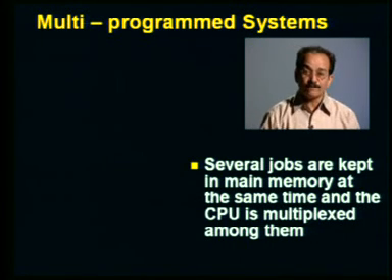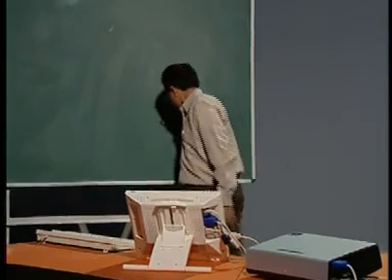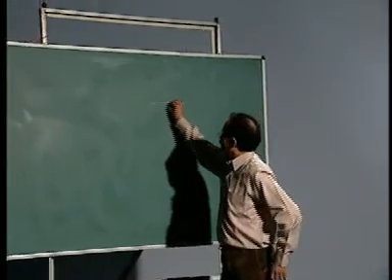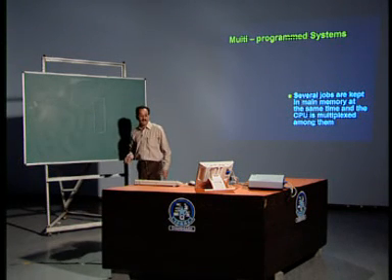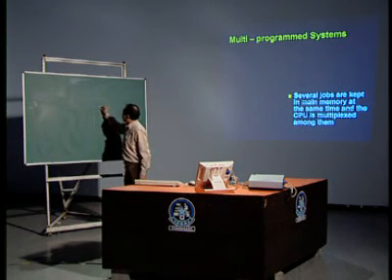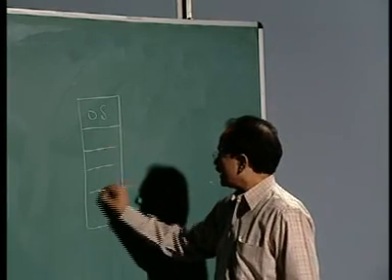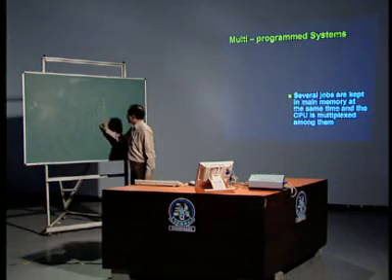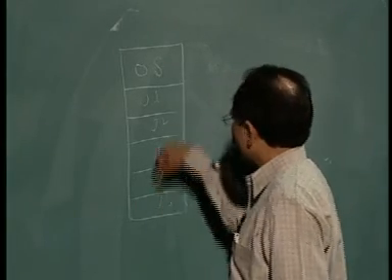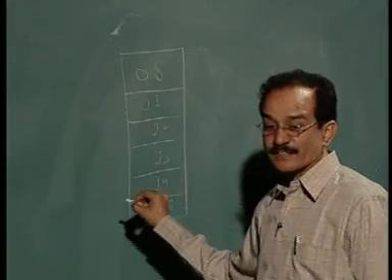That is, the first characteristic is that in my memory, in a multi-programmed system, I will have one portion for the operating system, and the rest of the portion I put for my jobs, let us say J1, J2, J3, J4 or J5, or you can use P1, P2, P3, P4, P5. So, this is what we have got, jobs over there.